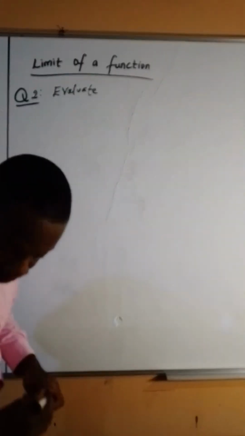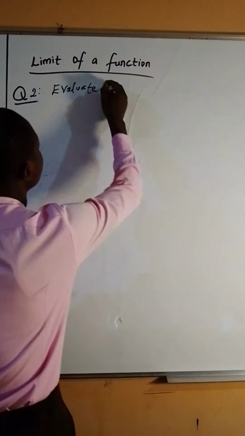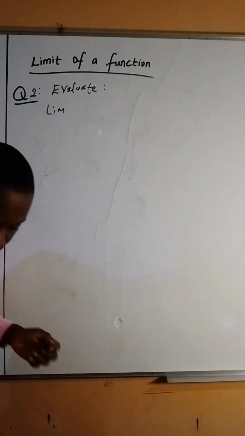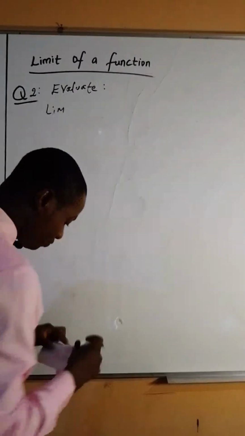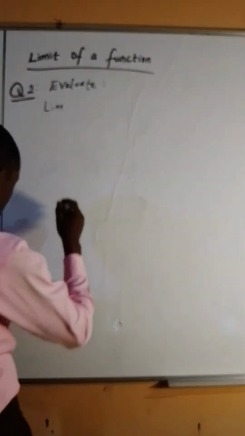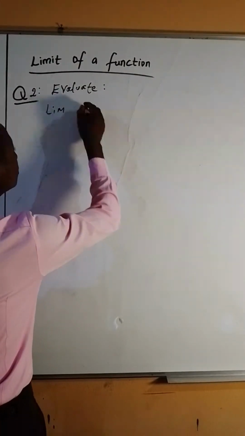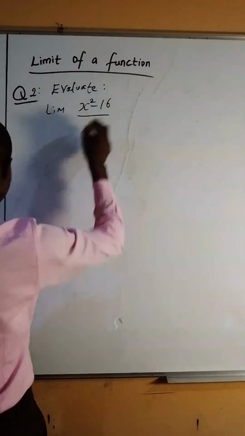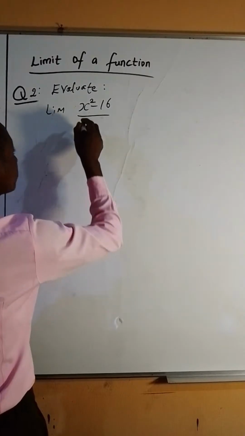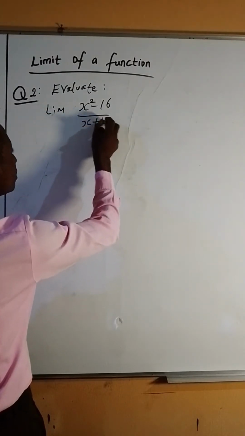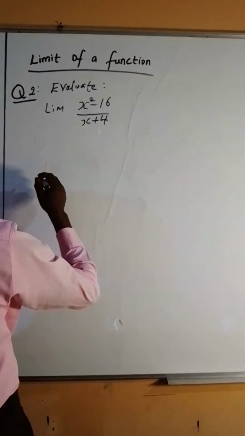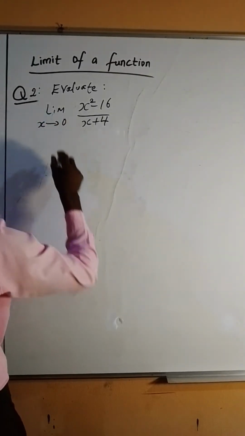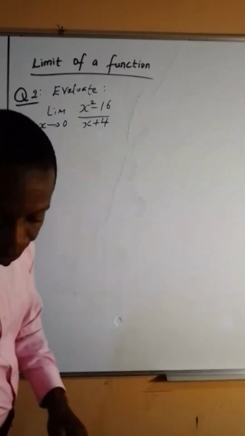We evaluate the limiting function, lim, of x squared minus 16 divided by x plus 4 as x approaches 0.